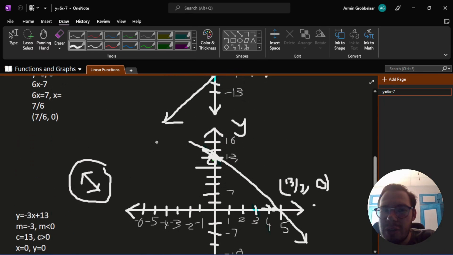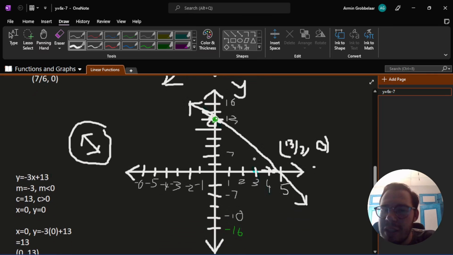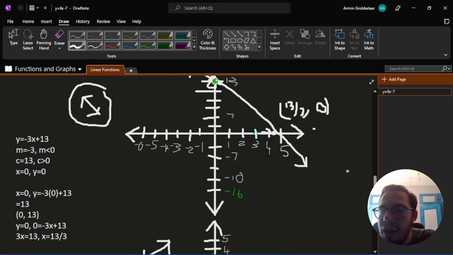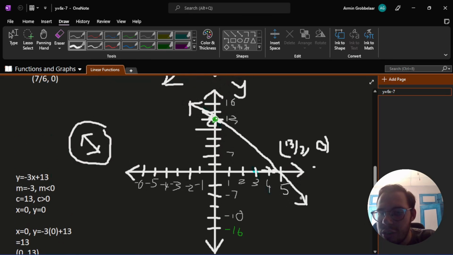So it's better to label it, because then you can clearly see, if you come back to it or you're looking at somebody else's graph, that the point there is where x is equal to 13 divided by 3. And we always put the arrows on because this function keeps on forever in this direction here, and it also keeps on forever in this direction here. It just doesn't stop here. So that's why we put the arrows on the graph.